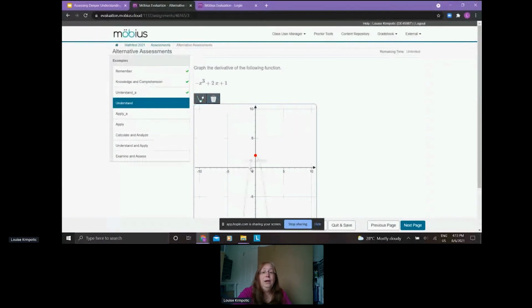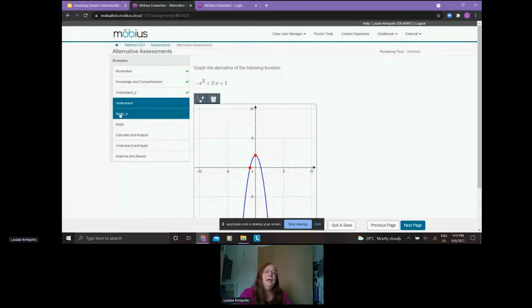Then they have the graph, and that can be graded. So now it's not a question of, do they just type in an answer? Do they look through the multiple choice and determine which is the right one? They actually have to think about what it is and do the graph themselves.